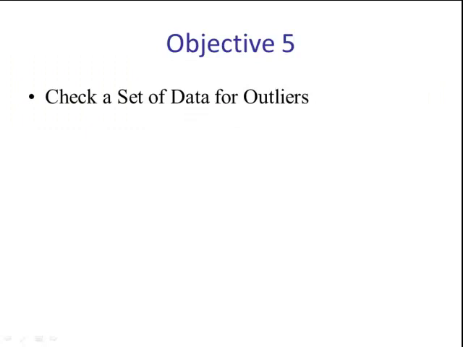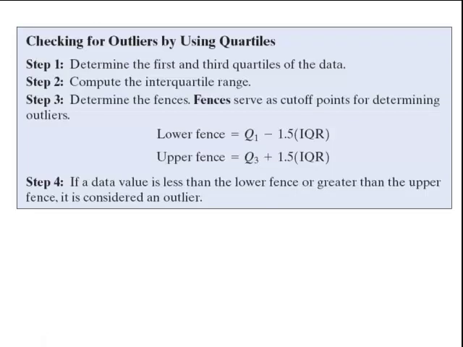Lesson objective number 5. Checking for outliers using quartiles. First step, you compute the first and the third quartiles, then you compute the interquartile range, and step number 3, you determine the fences. The fences serve as cutoff points for determining outliers. Now outliers are values that are extremely small or extremely large relative to the rest of the data.